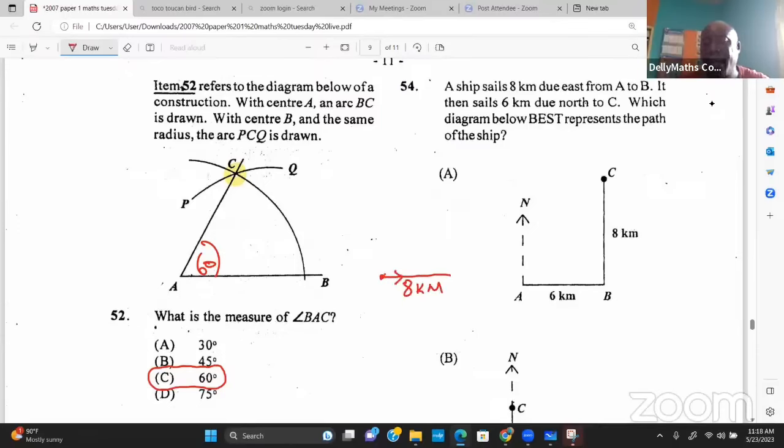Talking about it went that direction. So we did that from A to B. It then sailed 6 due north. To C.